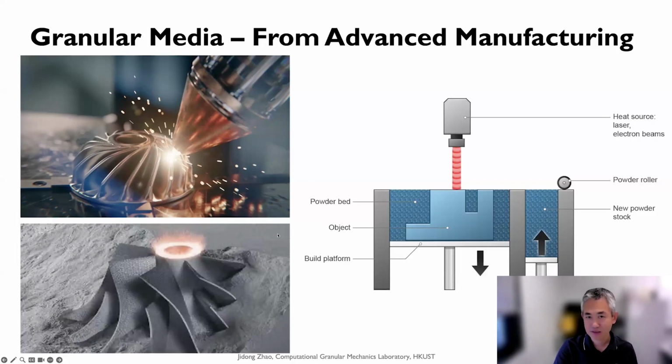And then granular matter can be the key part in understanding the printing process, optimizing this printing process as well, and also testing the performance of the products before we actually print them out.